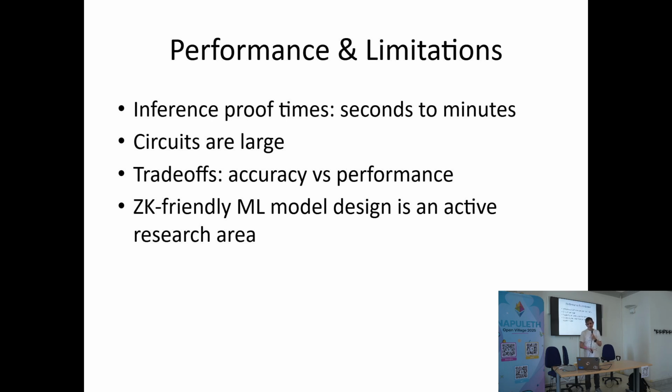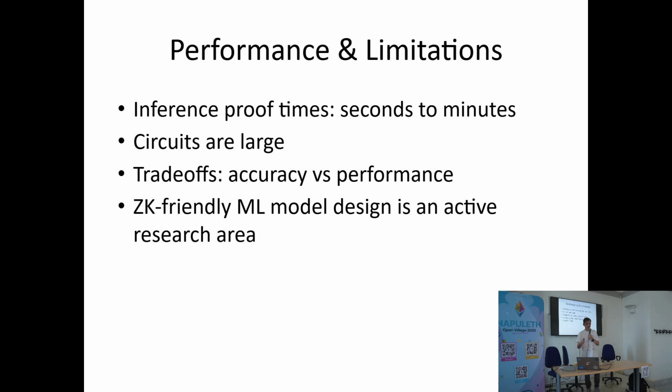So, as I said, I'm just repeating myself here. These are some of the limitations. Even with the best models, the inference proof times can still be seconds to minutes. When we take the ZK aspect of the machine learning computation, it can produce very large circuits, which affects performance.